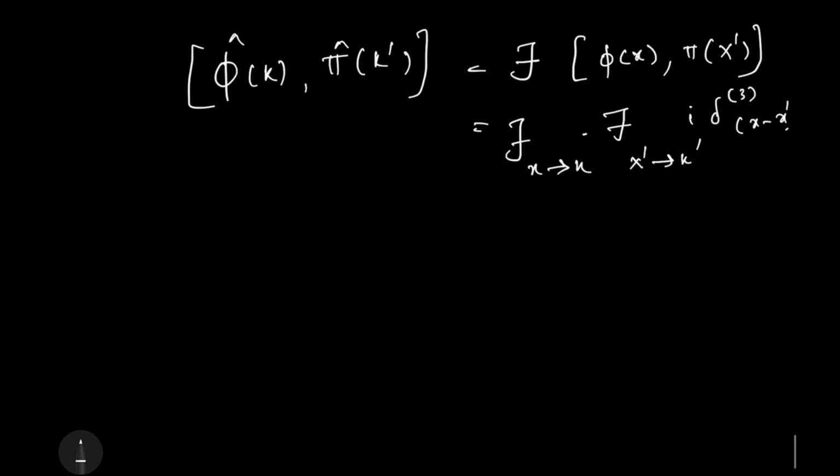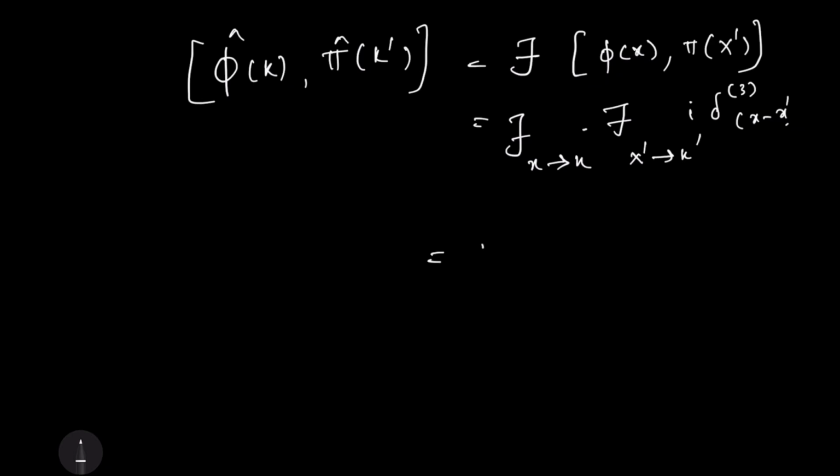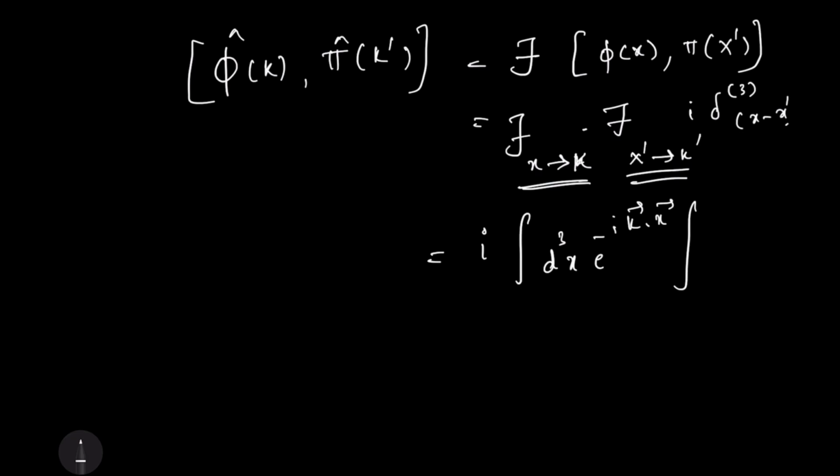I am taking outside the Fourier transform for x to k. x to k will be integral d cube x e raised to minus i k dot x multiplied by the next Fourier transform, d cube x prime e raised to minus i k prime x prime of del cube of x minus x prime.